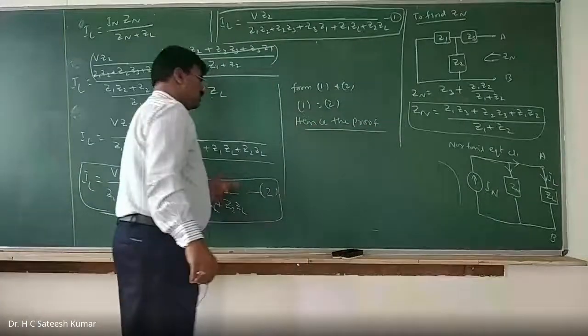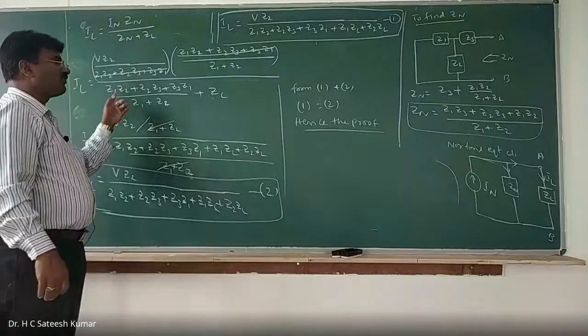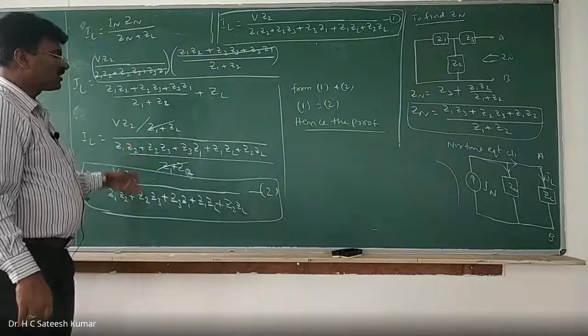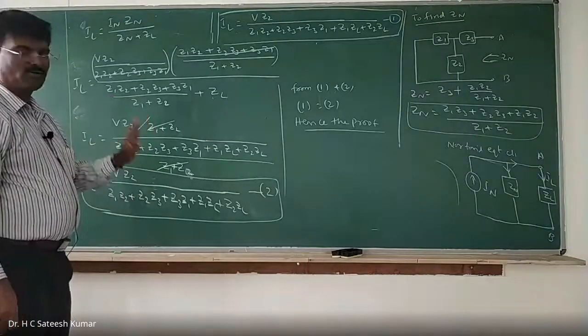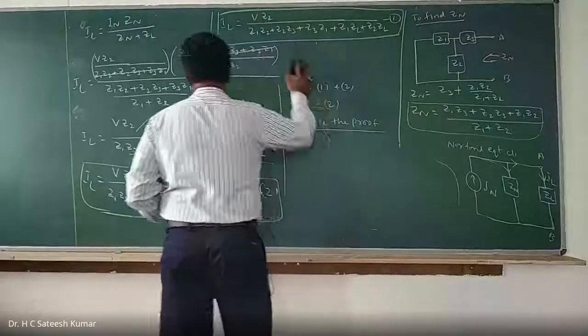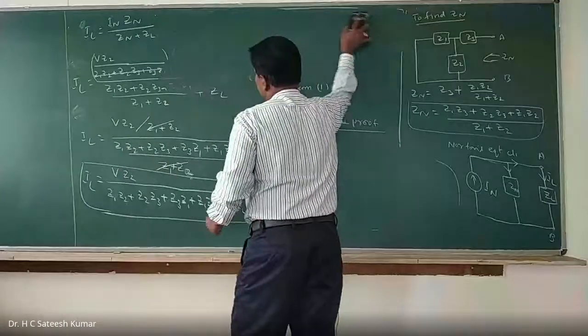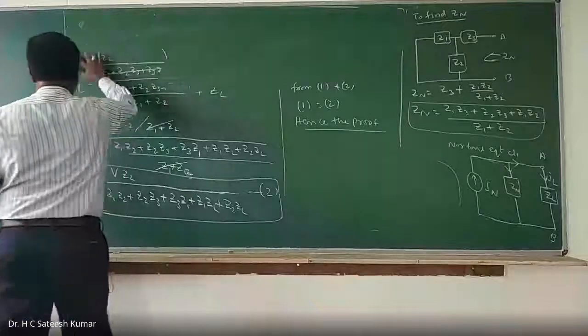And in this, Zn and Zth in Thevenin are the same, and the first part of IL is also the same. Only Norton's equivalent and Thevenin's equivalent are different, right? So that's the proof of the Norton's theorem. This will also be asked in the examination for 6 marks. State and prove Norton's theorem, state and prove Thevenin's theorem.